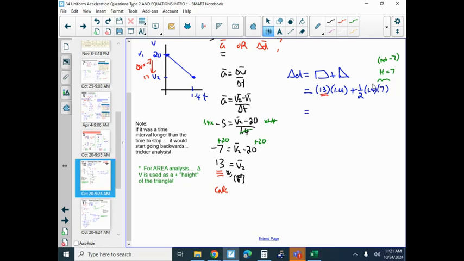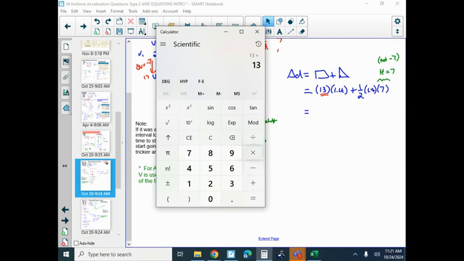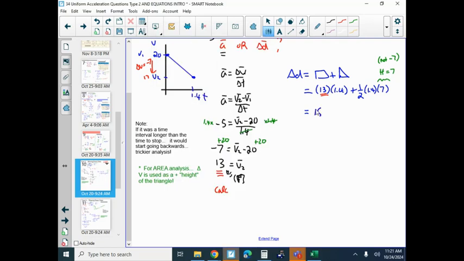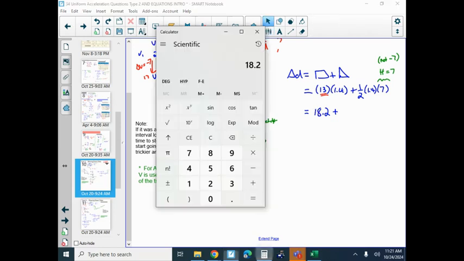So we're going to have 13 times the 1.4 gives us 18.2, plus the half of 1.4 and 7. So 0.5 times the 1.4 times the 7, or if you wanted to have fewer button strokes, you could have done 3.5 times 1.4.